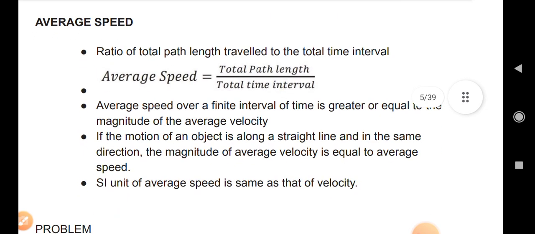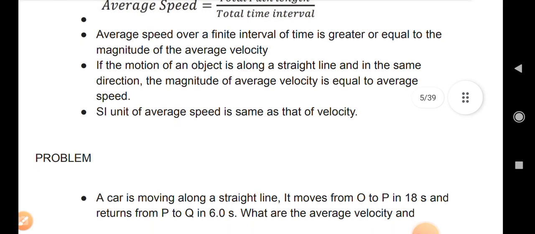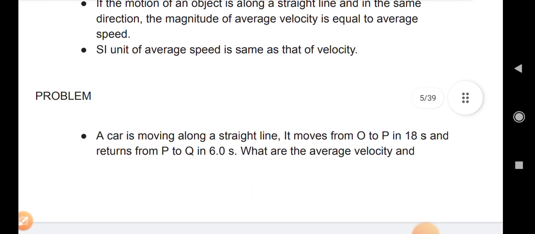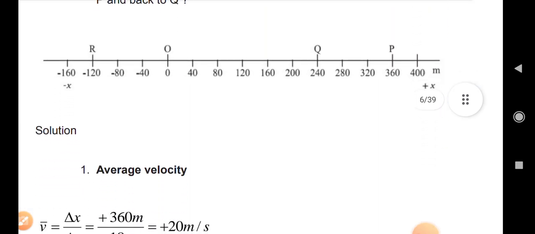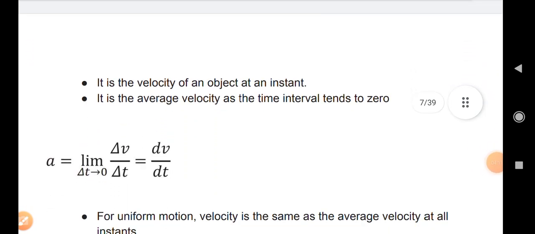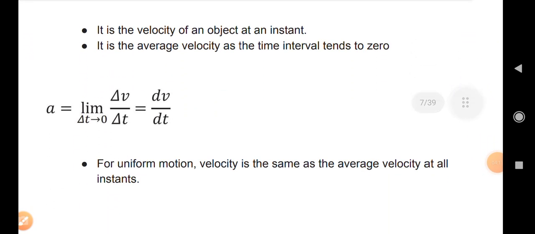Average speed is the ratio of total path length traveled to the total time interval. Average speed is equal to total path length by total time interval. The SI unit is the same, meter per second. Instantaneous velocity is the velocity of an object at an instant.